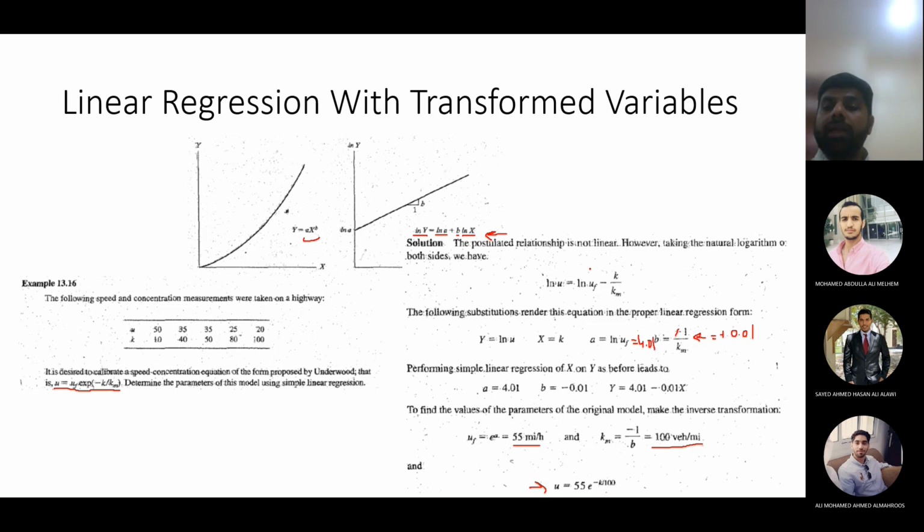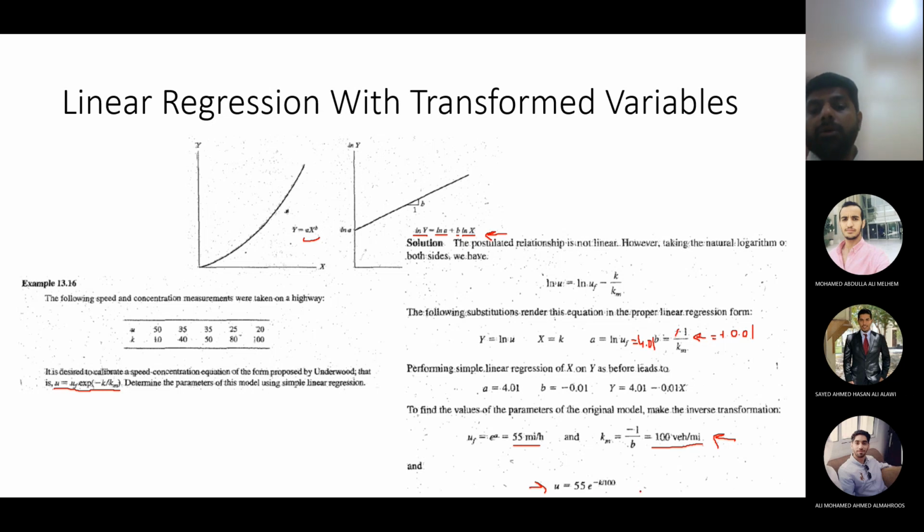Then we transformed them back to find out the values of the actual parameters. The actual parameters were uf and km. So we put the values of a and b equal to their transformed versions, and you get the values of actual parameters required in the equation. Then you put these values in the actual equation, and you have calibrated the model.